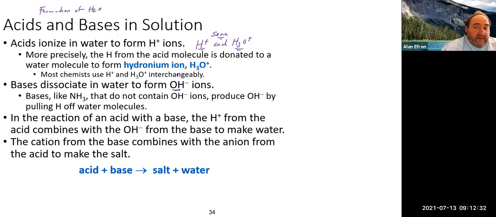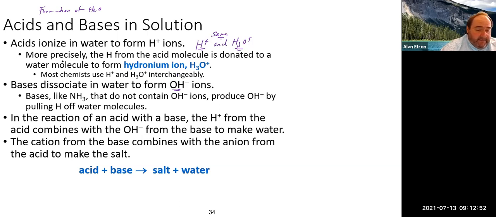They also have hydroxide in the formula, like sodium hydroxide, potassium hydroxide, and calcium hydroxide. But not all bases have hydroxide in the formula, though they can produce it.